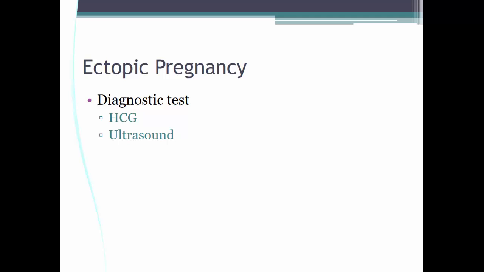Now, the first diagnostic test that should be done in any woman of childbearing age with abdominal pain.